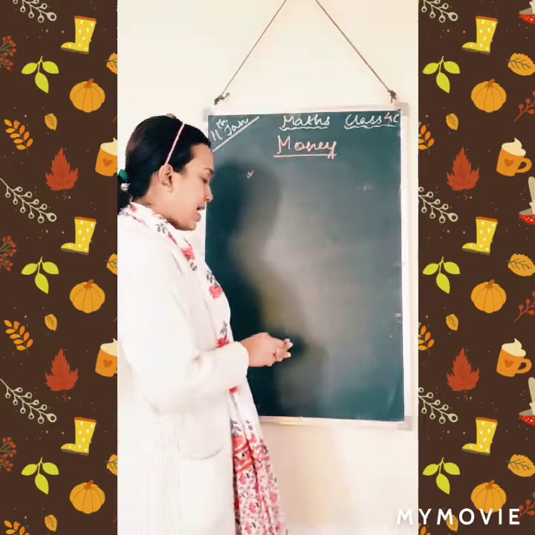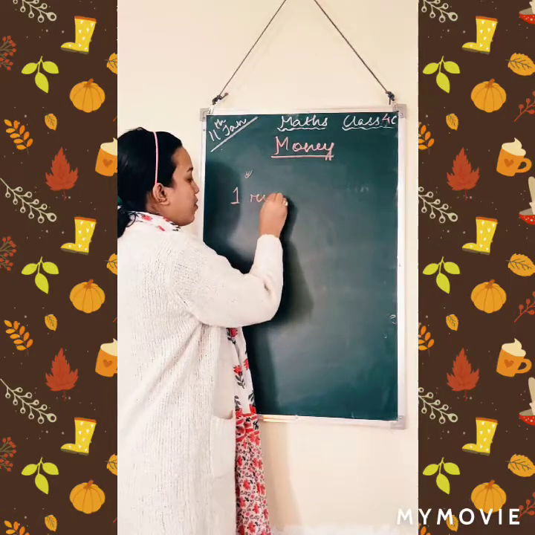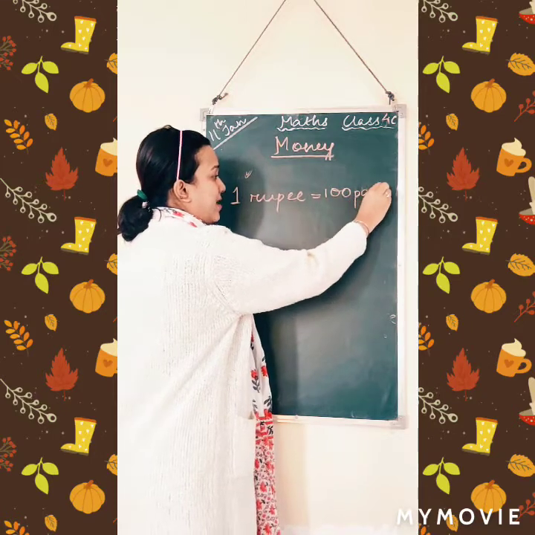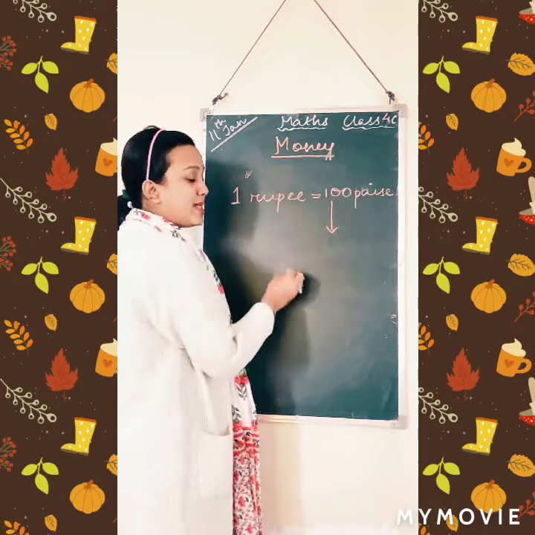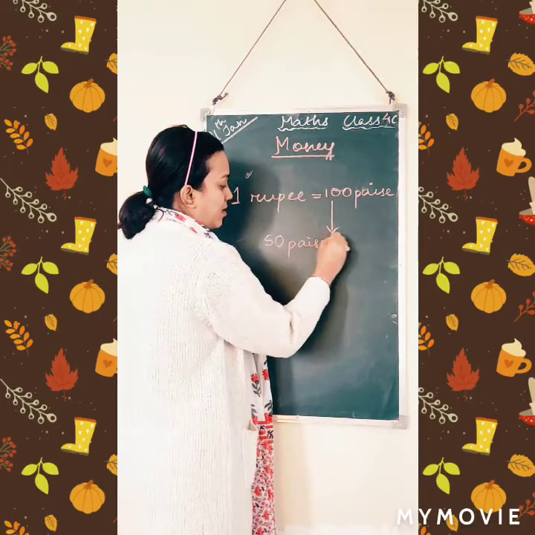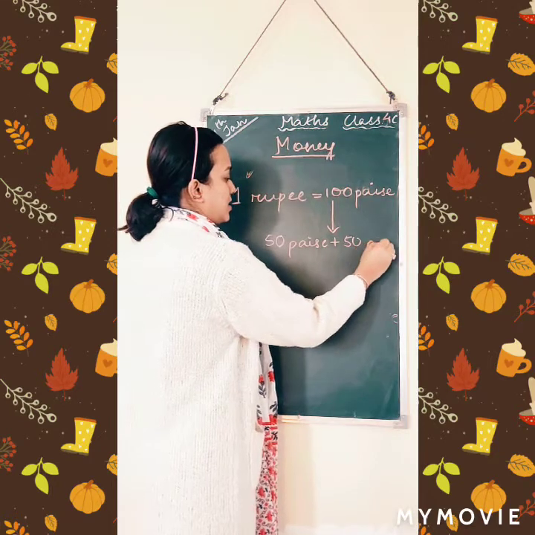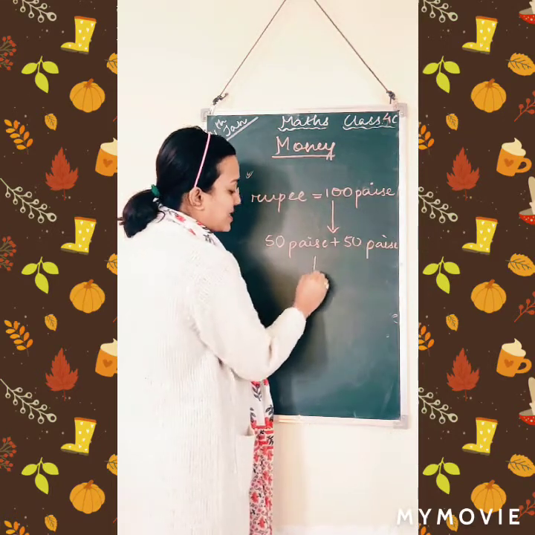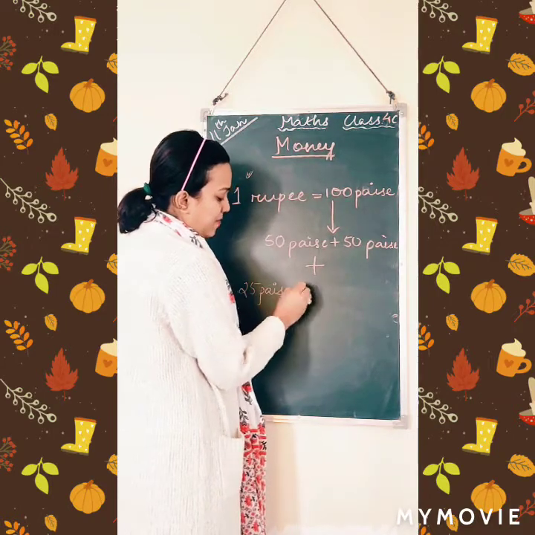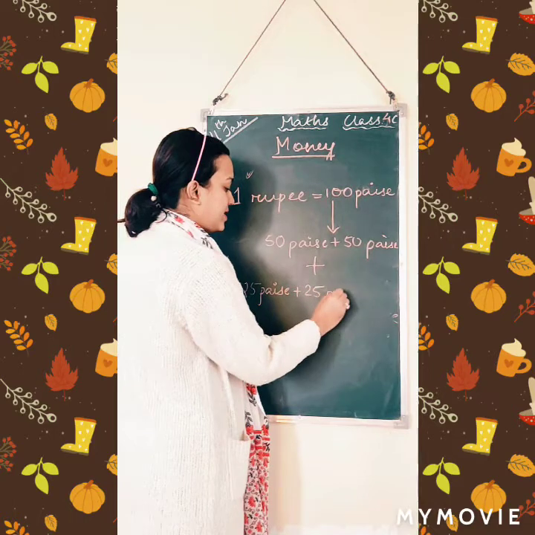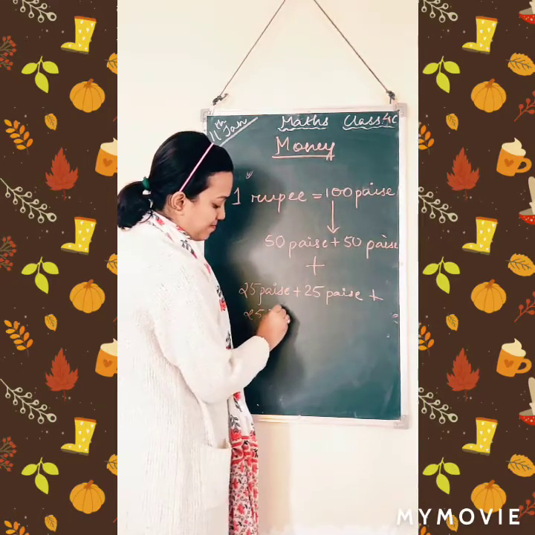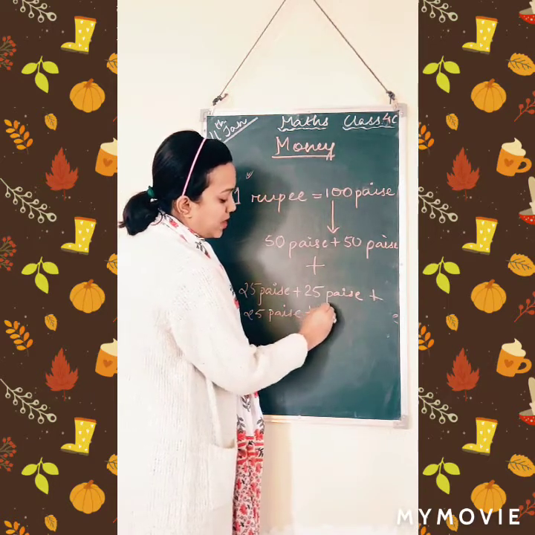Okay. Now I have just said that 1 rupee is equal to 100 pies. Remember students, this 100 pies can be 2 times 50 pies, that is 50 pies plus 50 pies. Okay. This can be 4 times 25 pies also, that is 25 pies plus 25 pies plus 25 pies plus 25 pies.